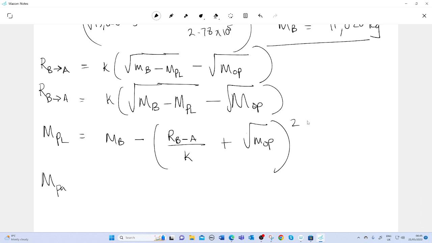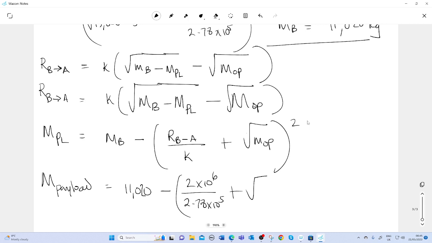The mass of the payload equals our calculated MB minus the root of 2 times 10 to the power 6 over 2.78 times 10 to the power 5, plus the root of 8,500, squared.